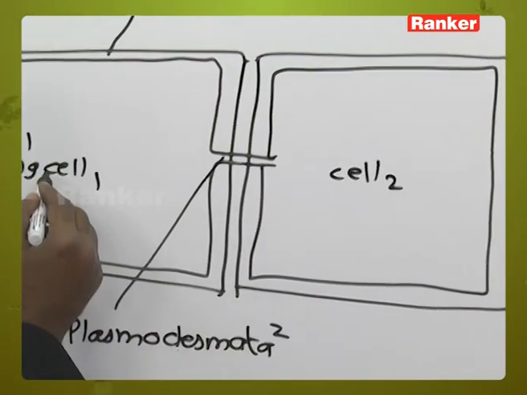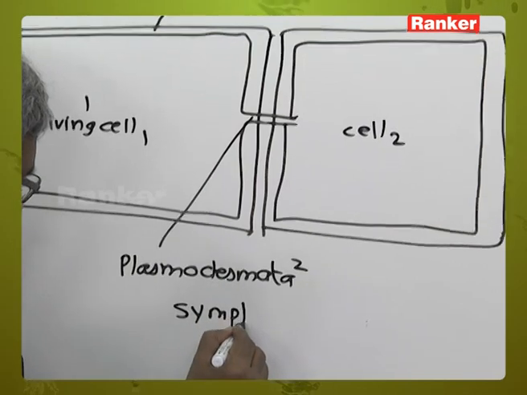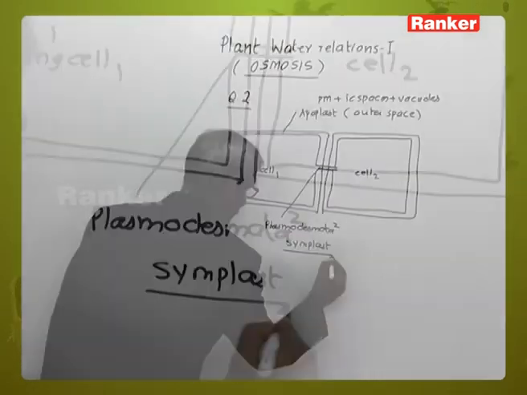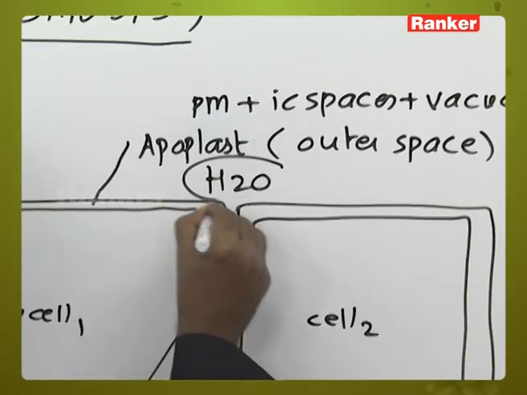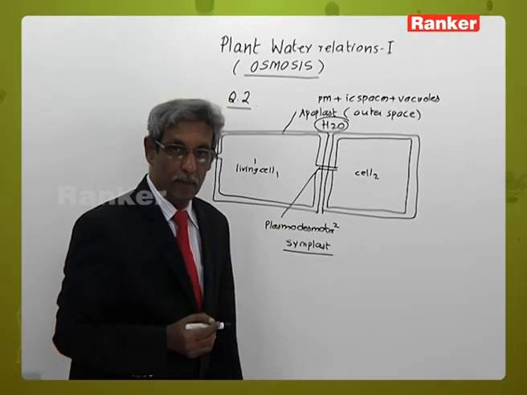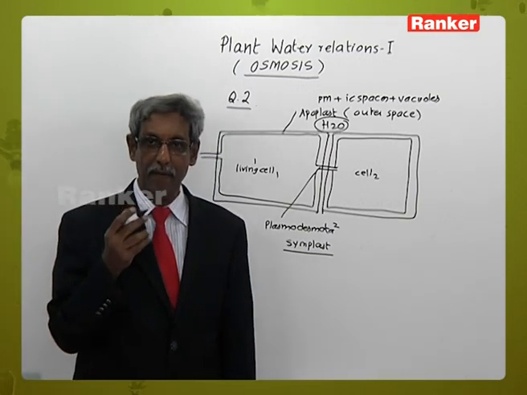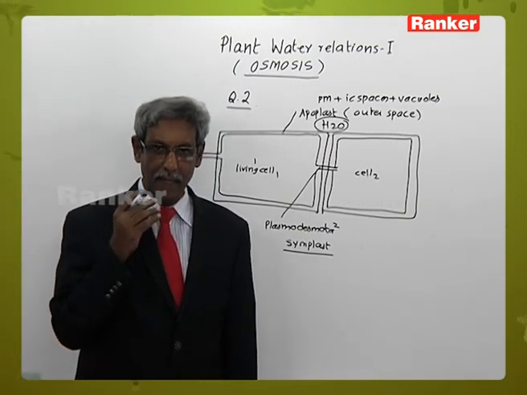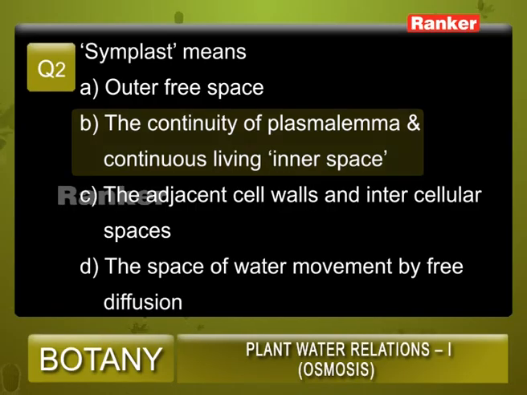So, a continuity of living cells with the plasmodesmata is termed as a symplast. Water moves via the apoplast. So, when you say symplast, it primarily means choice B, the continuity of the plasma lemma and the continuous living inner space. Hence, the right answer is B.